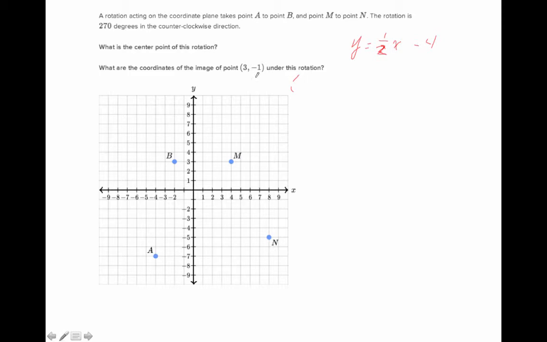So we do the same thing with A and B that we did with M and N. We'd have (x plus 2) squared, because the negative 2 squared, plus (y minus 3) squared equals, and A is (-4, -7), (x plus 4) squared plus (y plus 7) squared.